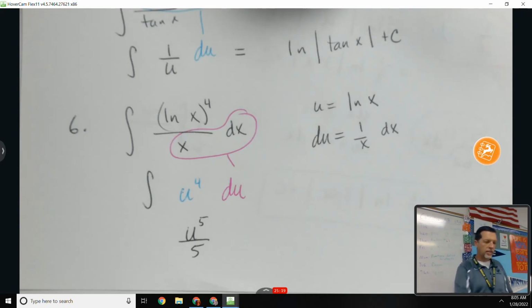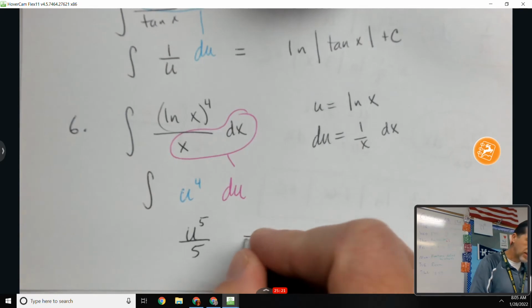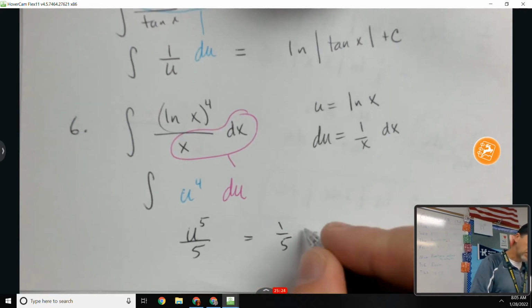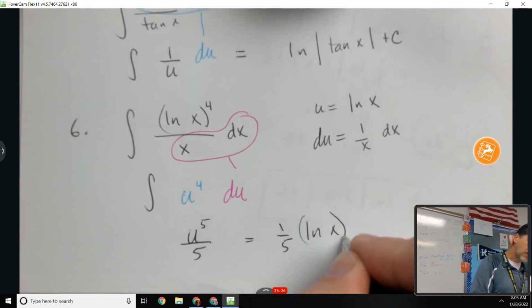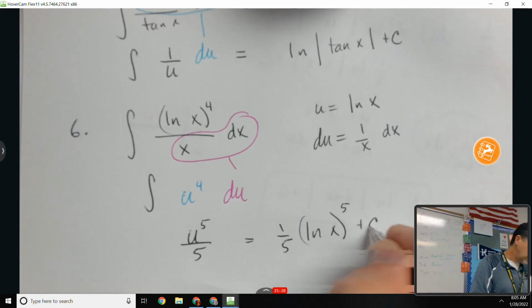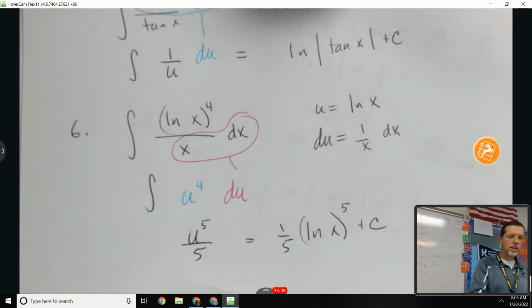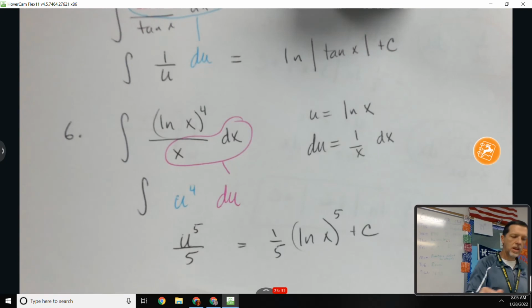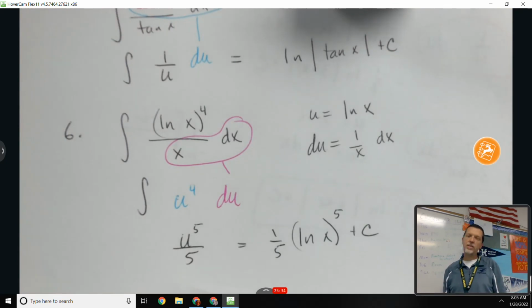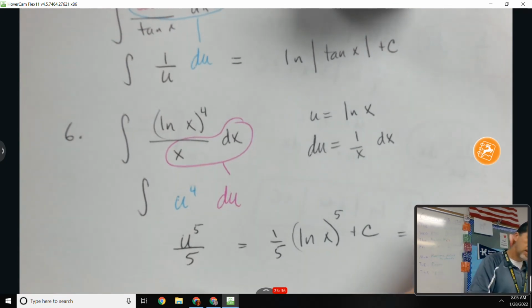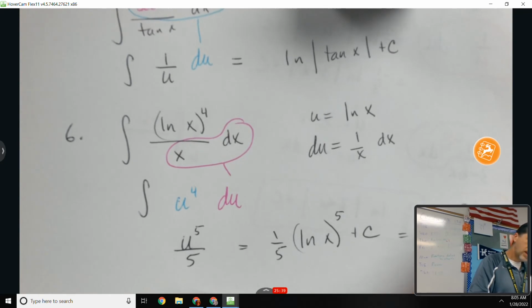That's not our final answer, but now we just put natural log of x back in for u. Don't forget the plus c. What is natural log of x? I promise I know how to do power rule. Yes, sure. I just know how weird that is.